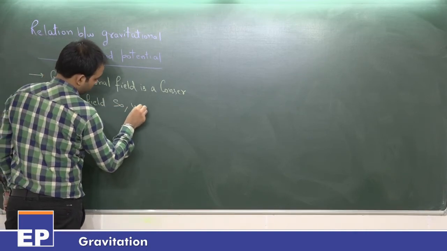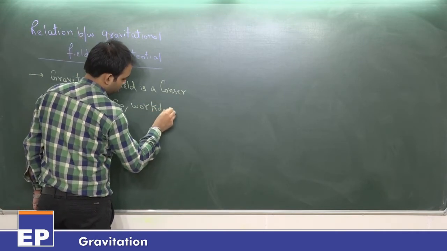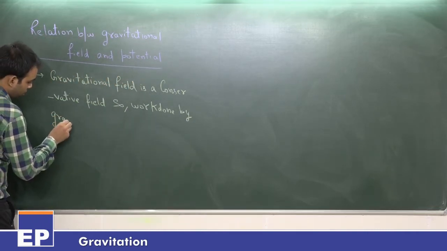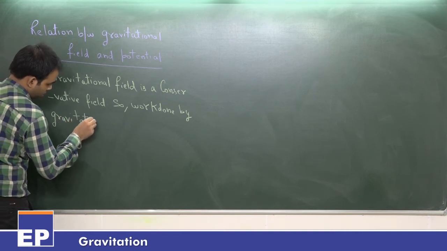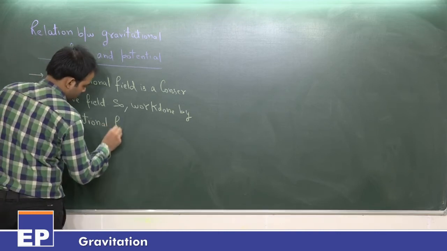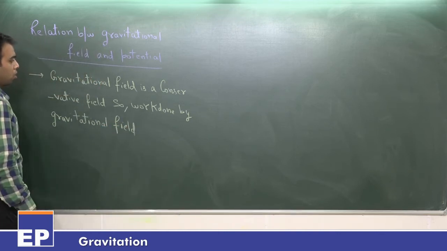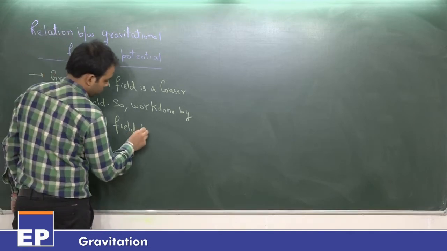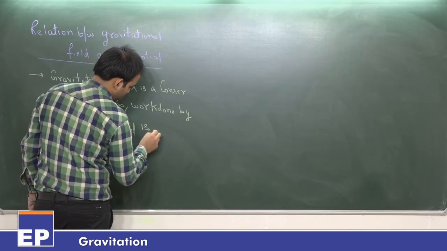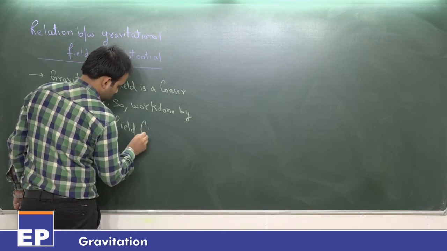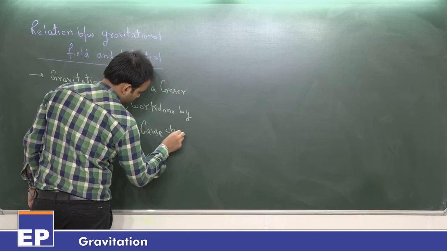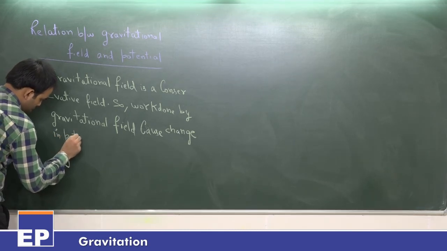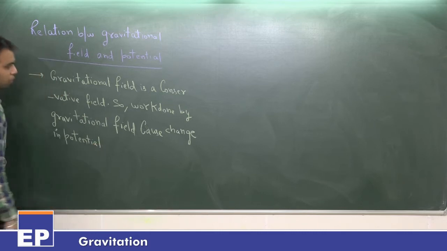So work done by the gravitational field is used to cause change in potential.